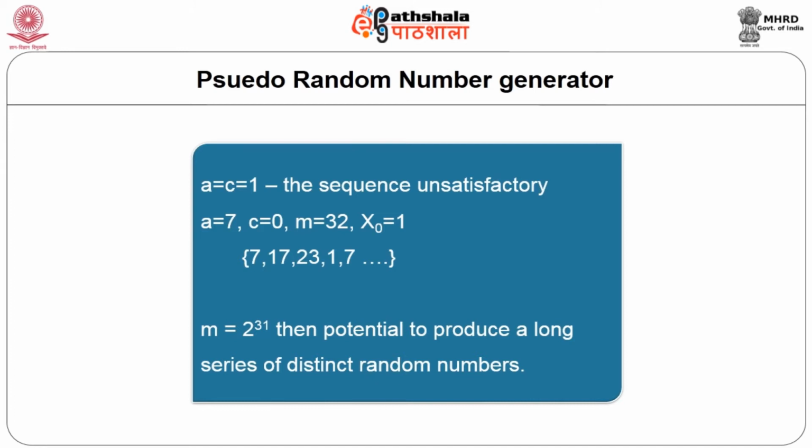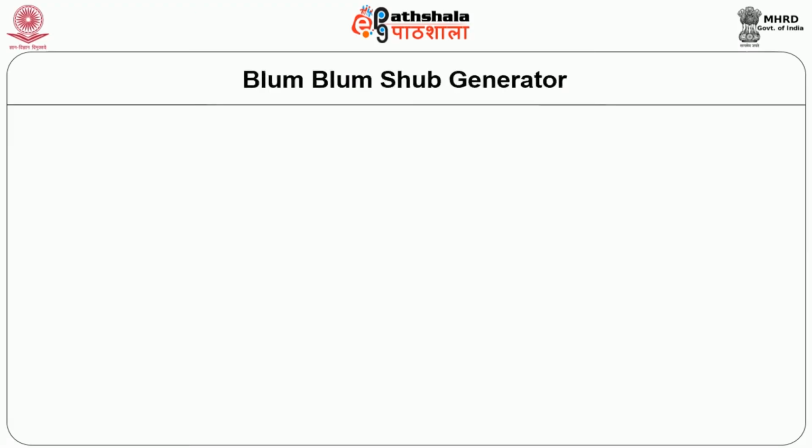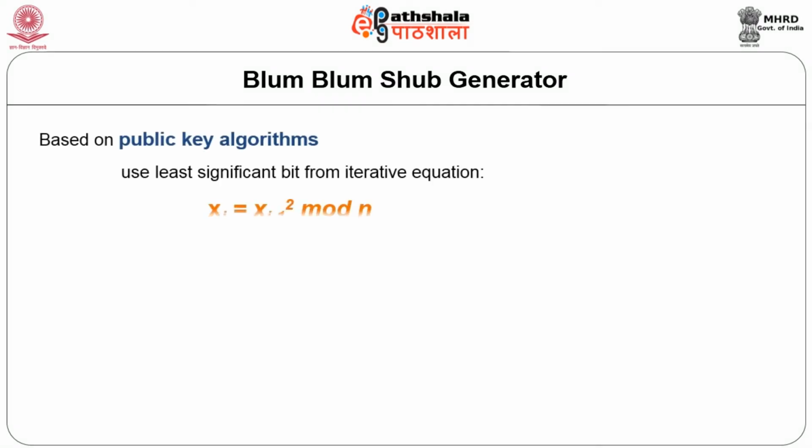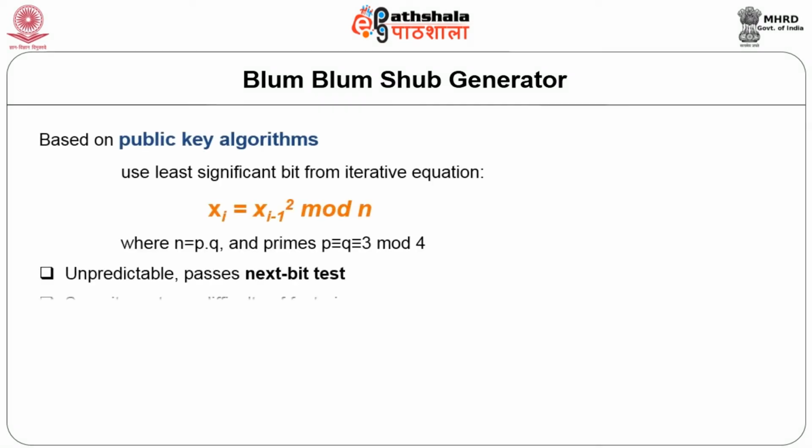We looked at the pseudo-random number generators. Now we want to look at another algorithm, the Blum Blum Shub generator. It's a cryptographically secure pseudo-random bit generator, meaning cryptographic attacks cannot occur on it. This generator is based on a public key algorithm.